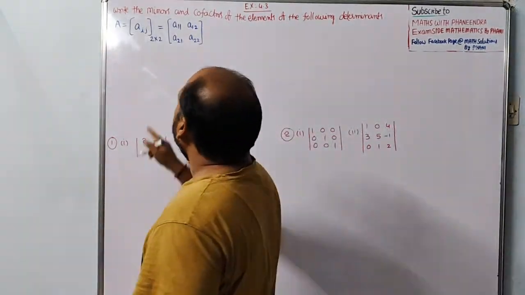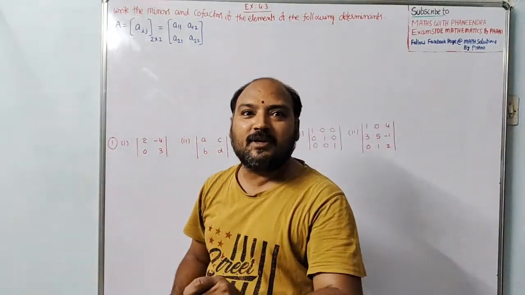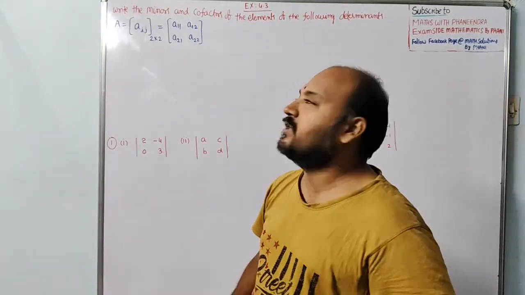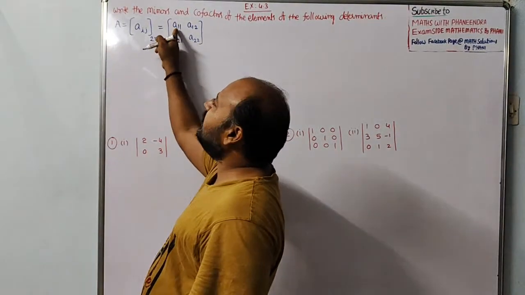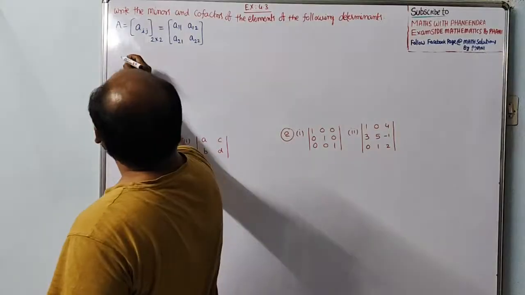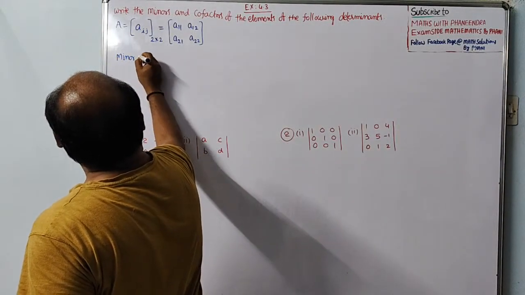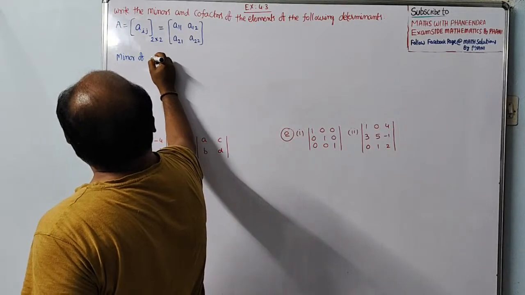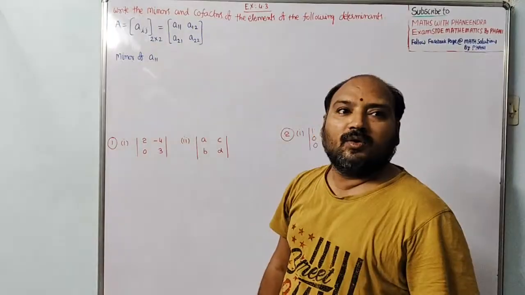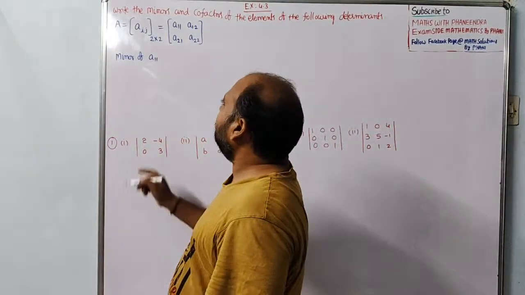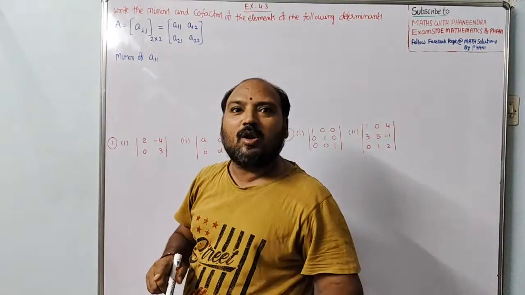Okay. In this matrix, how to find the minor of an element and the cofactor of an element? Minor of an element: for the element A11, A11 means the first row, first column element.